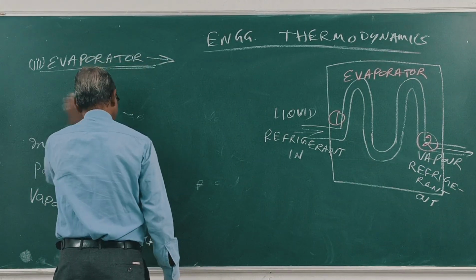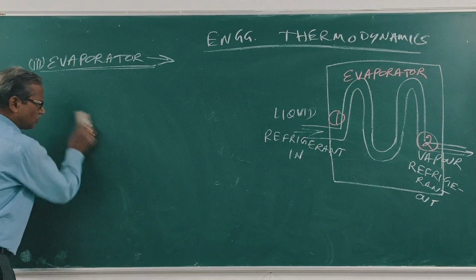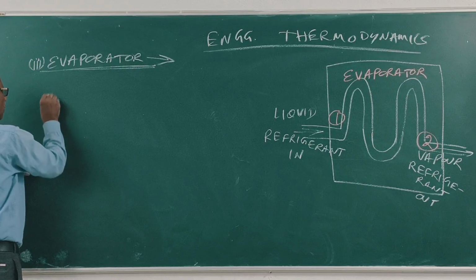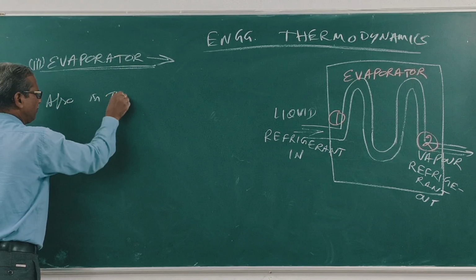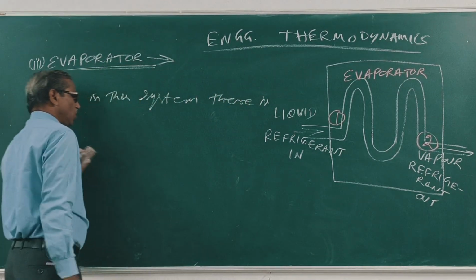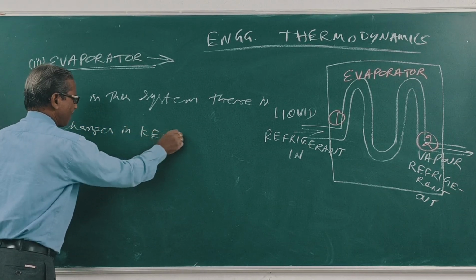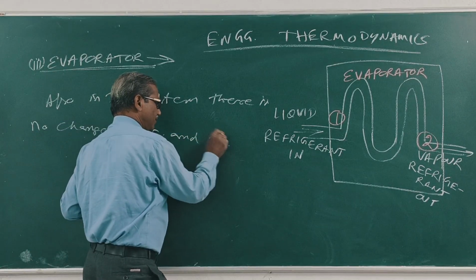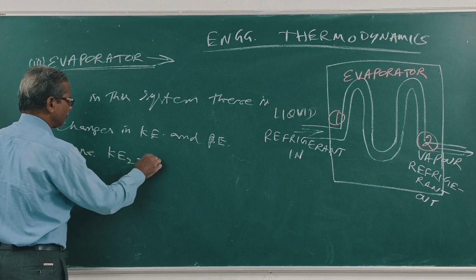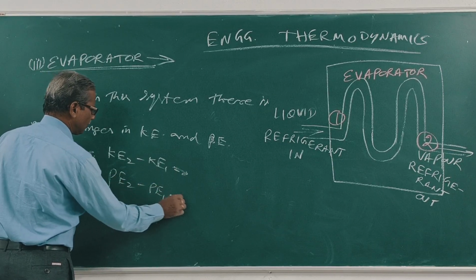Also, in this system, there is no change in K and P. That is, K2 minus K1 is equal to 0, P2 minus P1 is equal to 0.